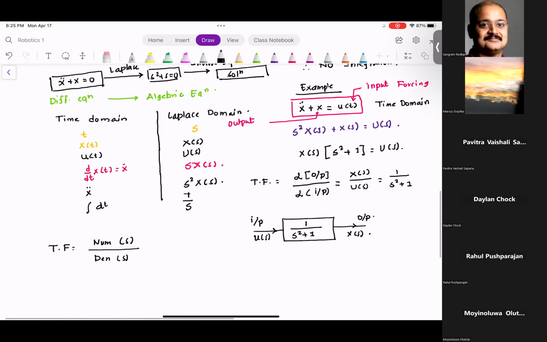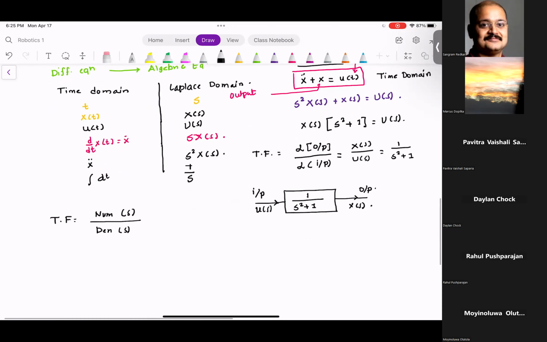So for certain values of s, if the denominator of s is equal to 0, these values of s are called the poles of the transfer function. When does the denominator become 0?